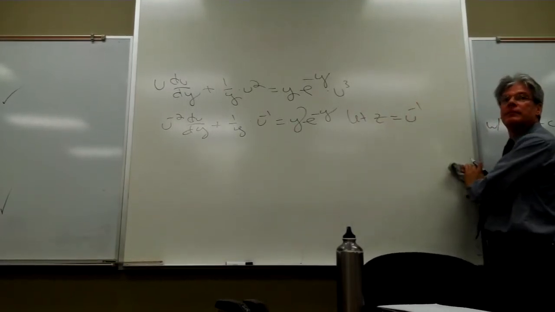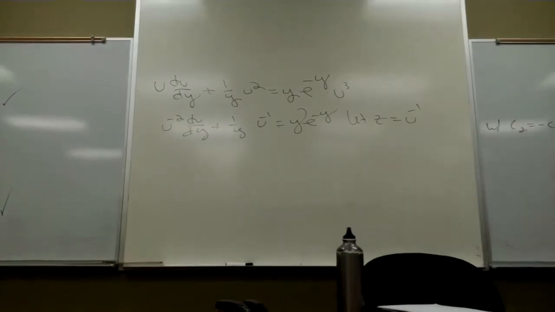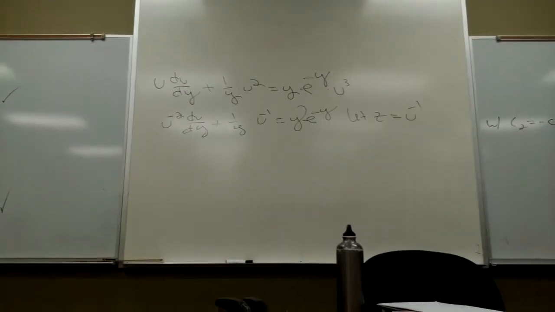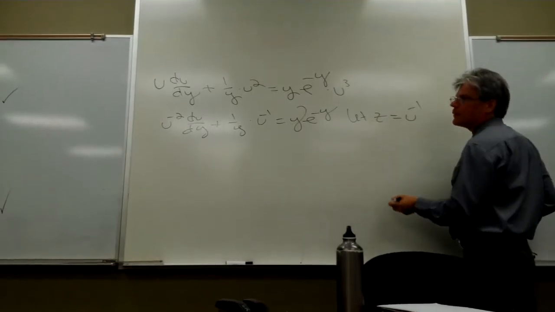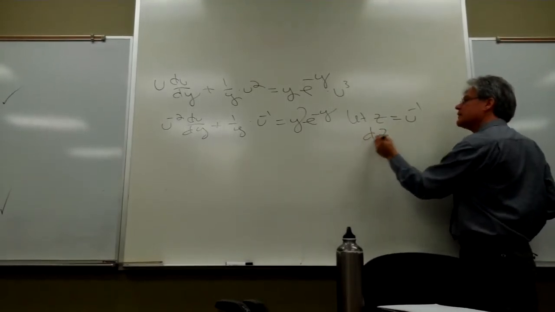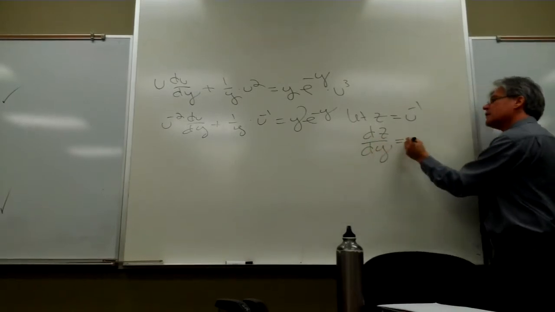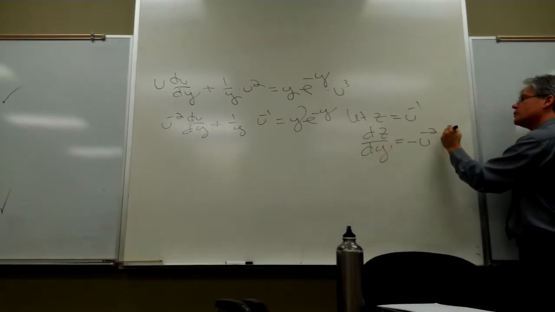So now I can transform with this Bernoulli substitution. I can transform this DE into first order linear. And committing to this, I think this necessarily implies that dz/dy is equal to negative u to the negative 2 du/dy.